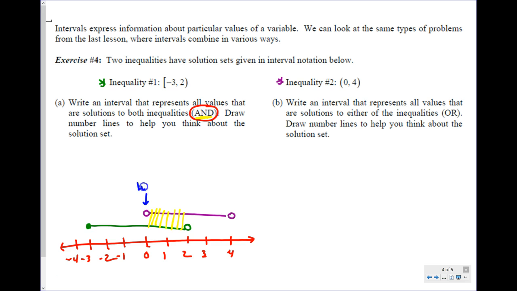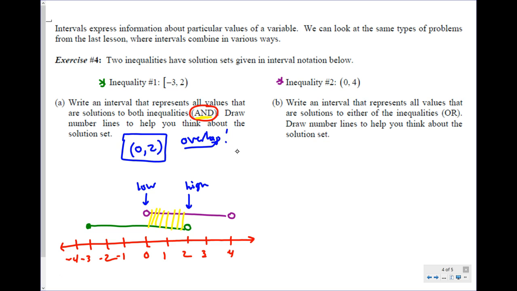That's my lowest, and this is my highest. So it's like my start and my end. So when I write interval notation, I'm going to have an open circle at 0, because remember it's not included on the purple inequality, and an open circle at 2, because the green one is open. And this is my solution to both of them, where they overlap. So you're thinking about overlap when you're thinking about and.